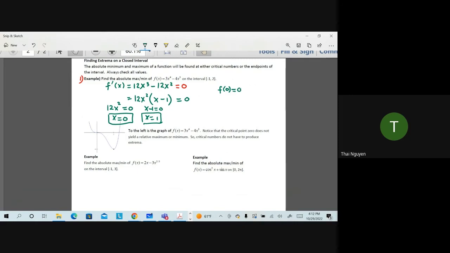So f of 0 equals 0, and f of 1 equals 3 minus 4, so f of 1 is -1. And also I have to look at the endpoints, -1 and 2. So f of -1 gives us 7. And f of 2 gives us 16.